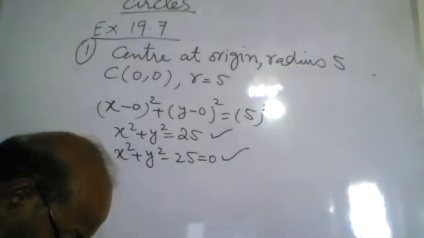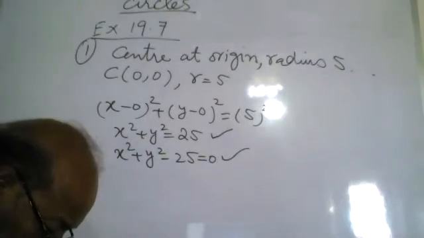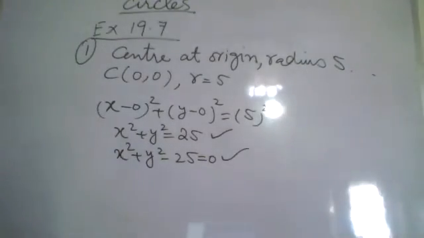Then question number 6. Center at 2 comma minus 3, radius is under root 2. Question number 6.